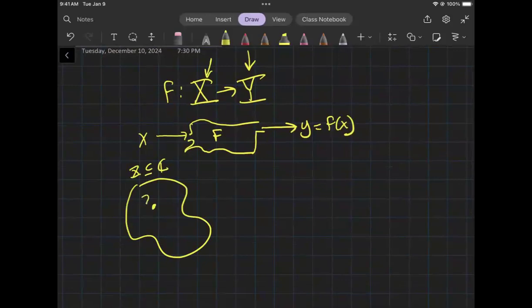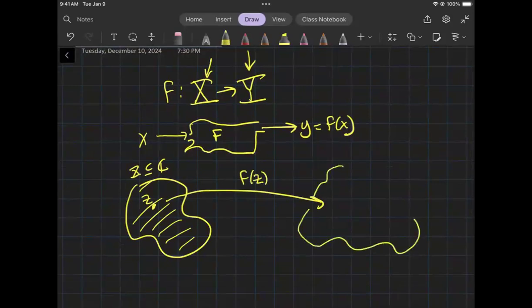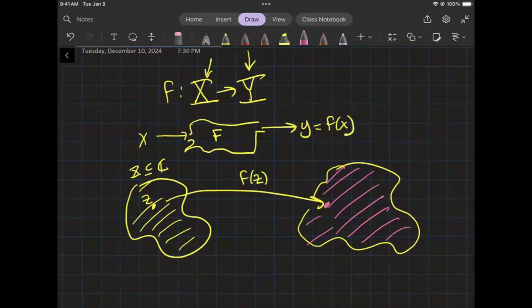So we'll have a set in the complex plane, z, and we're going to figure out what output it would be, f of z, in terms of another set in the complex plane, let's say W.